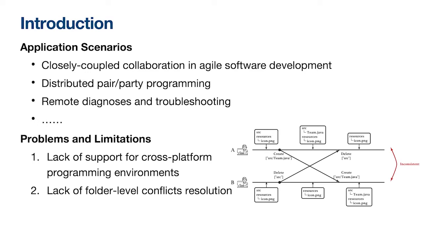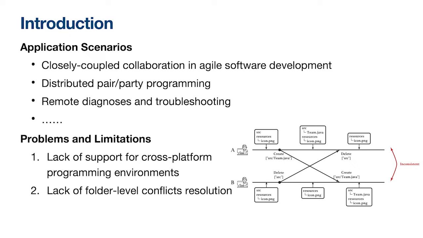Secondly, existing prototypes only support file-level consistency maintenance of the source code, ignoring folder-level conflicts. To achieve rapid local responsiveness, in the sense that a user's local editing operation can be applied in the document without noticeable delay, real-time collaborative editing systems have commonly been designed with a replicated architecture.